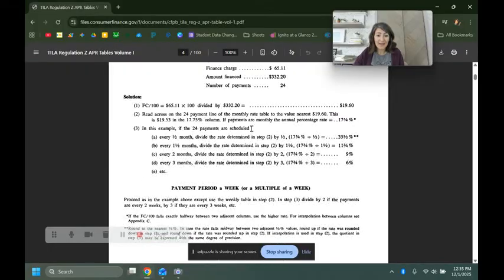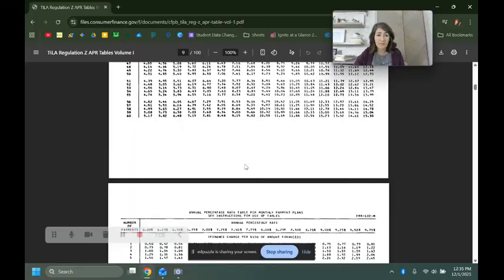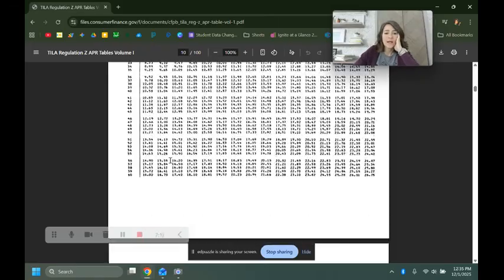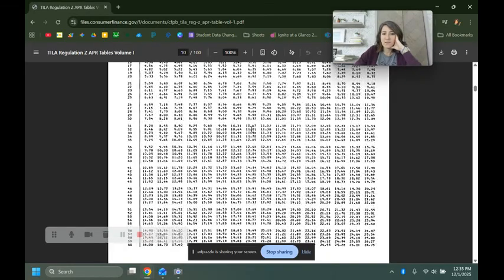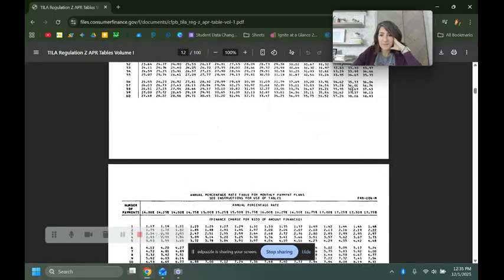I paid 60 payments, and my finance charge per $100 is 37.76. I want to find a number that's closest to that. Ooh, there it is. 37.29 in the 60 payments row.